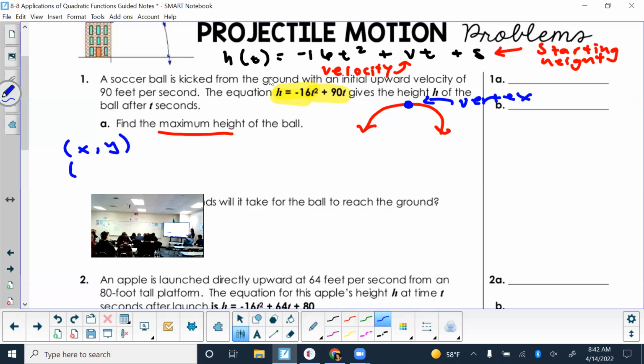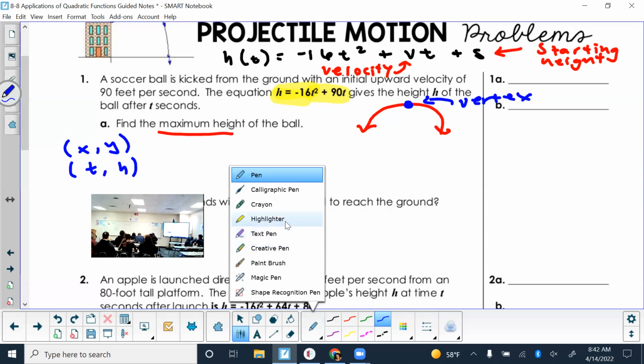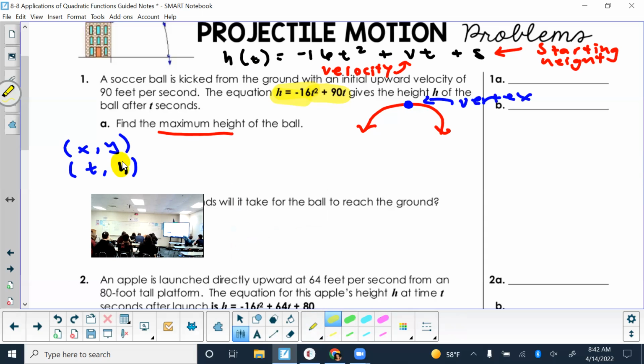The T is in the spot where the X normally is, and the H is in the spot where the Y normally is. So just label it like that. Your vertex is TH, where T is time and H is height. So we're trying to find the H of our vertex.